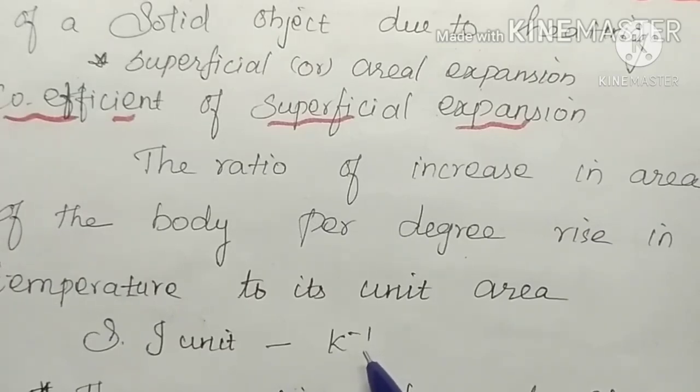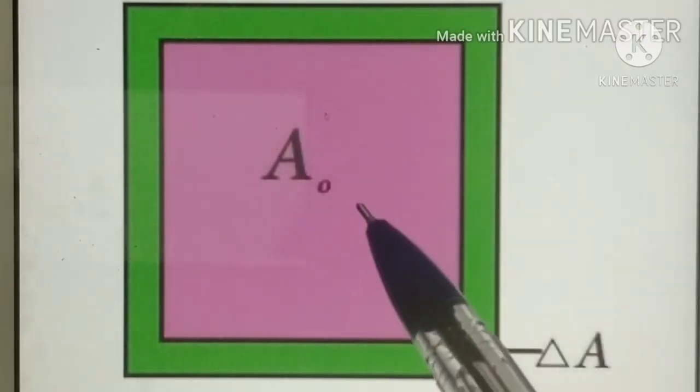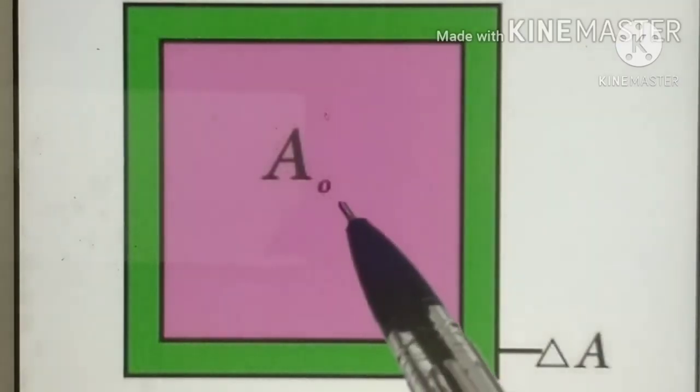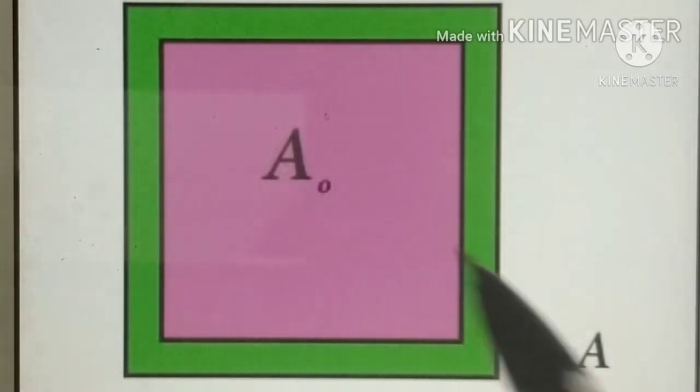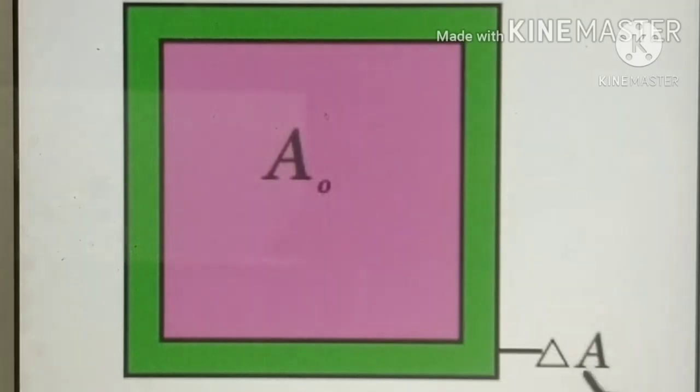Here A0 is the original area of the object. After heating, this is the expanded portion, and delta A is the increase in area.